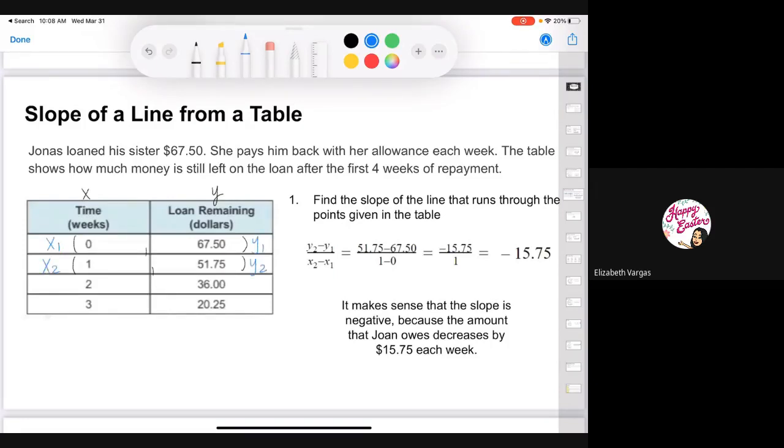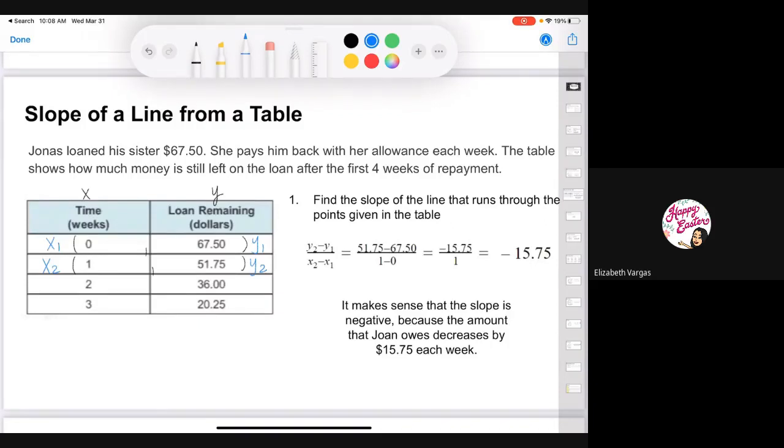I plug that in and I see that I have 51.75 minus 67.50, which is negative 15.75. I have 1 minus 0, which is 1. So I'm taking negative 15.75 and dividing it by 1. That gives me negative 15.75.